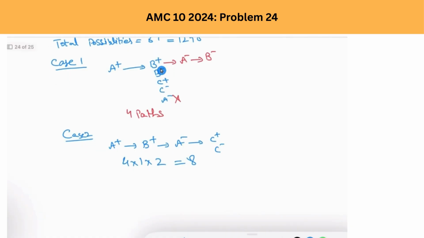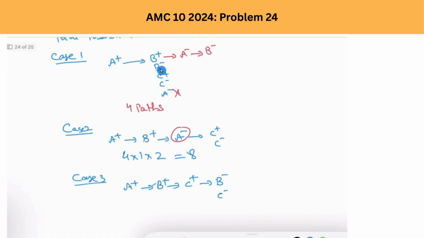Another possibility that I can have would involve the perpendiculars, which will not have a minus in there. So let's call that case 3. In the third case, I will go from A plus to B plus to C plus, then to B minus, or I can go to C minus.